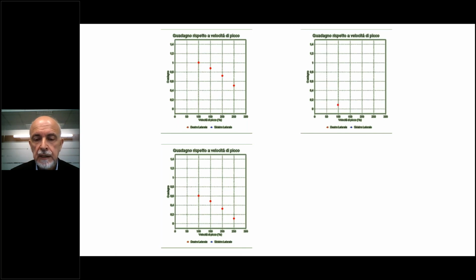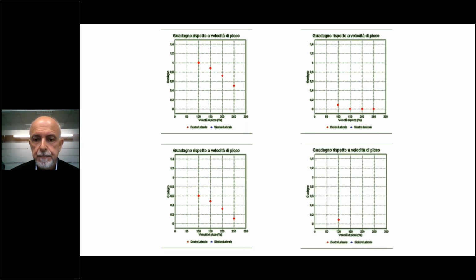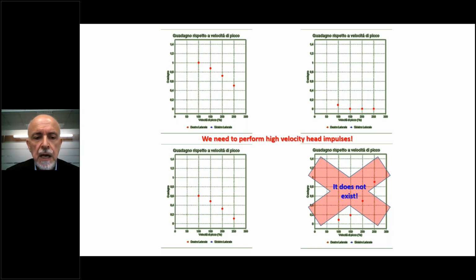And if I find a very low gain at low velocity, at high velocity there is no gain. Because when the gain is very low at a low velocity, it will never increase at the higher velocity. So this kind of graph does not exist. These are the reasons why we need to perform high velocity head impulses.